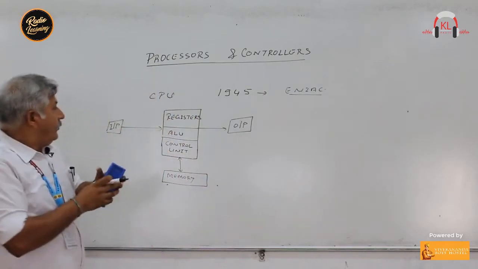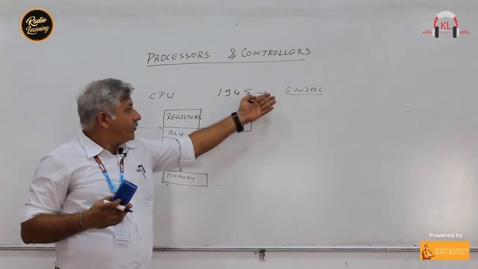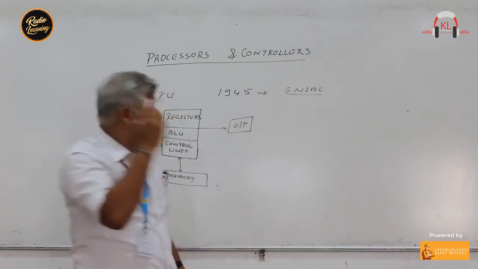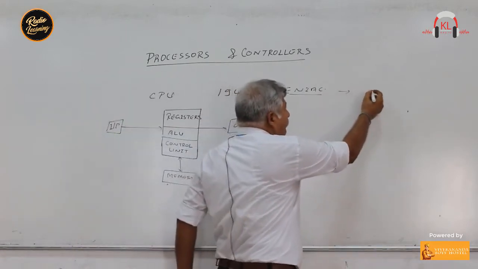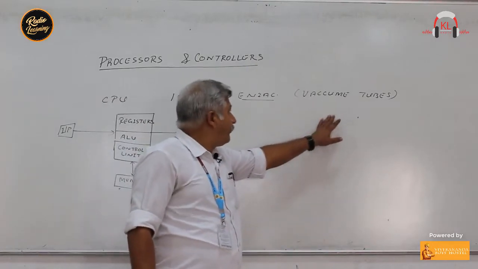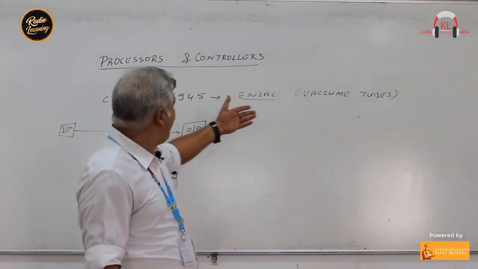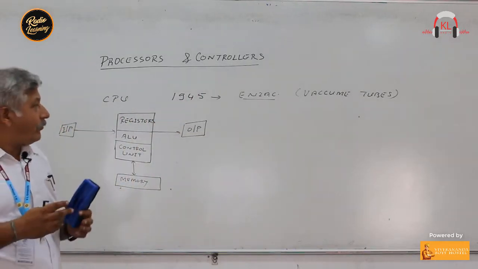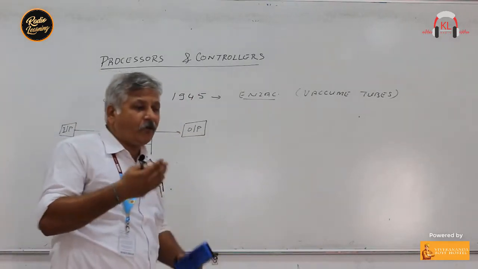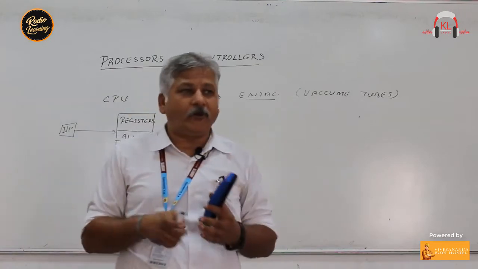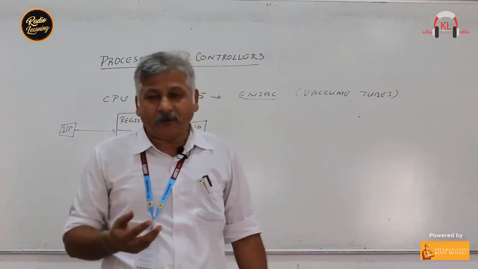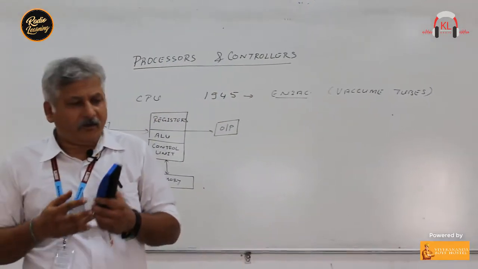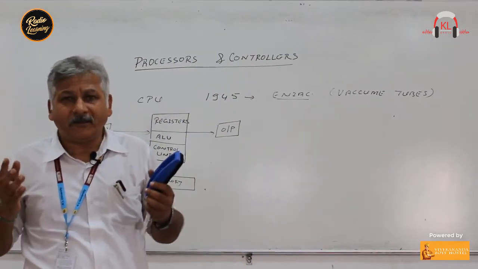Now, for the production of this CPU, vacuum tubes were used for the manufacturing of this digital central processing unit. When vacuum tubes are used, there is a problem: during operation they produce a lot of heat, right?